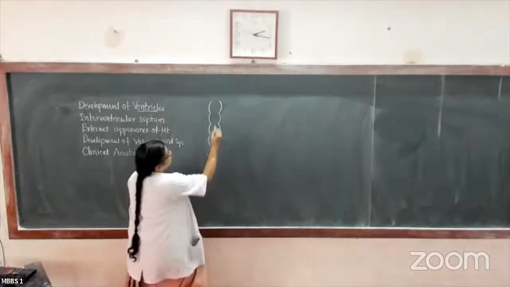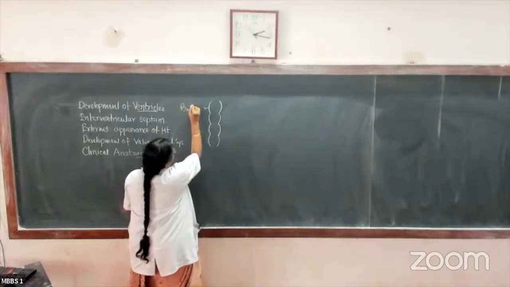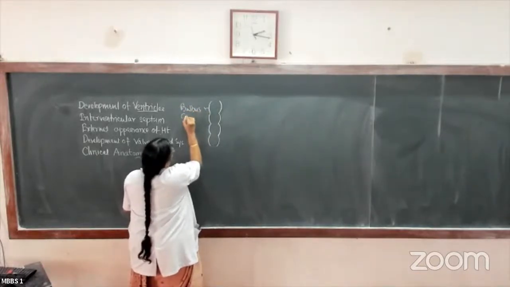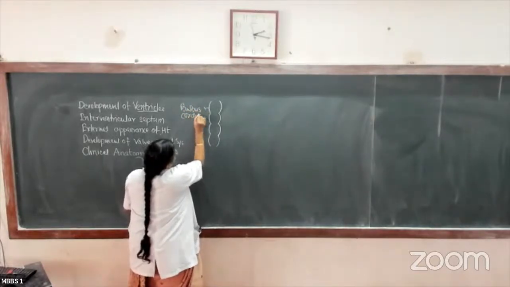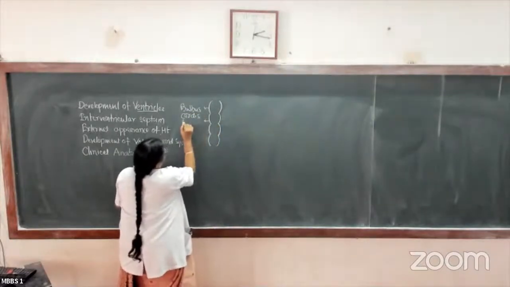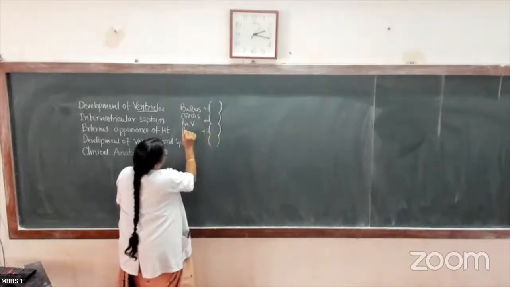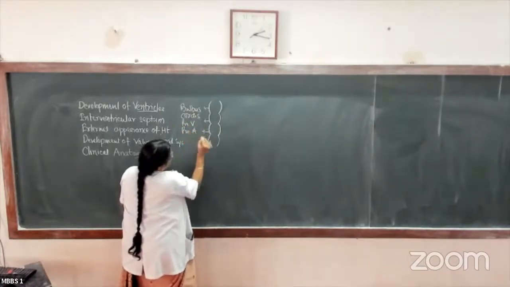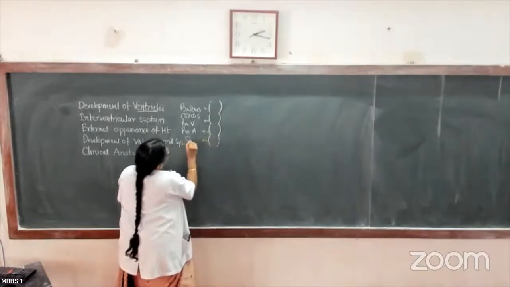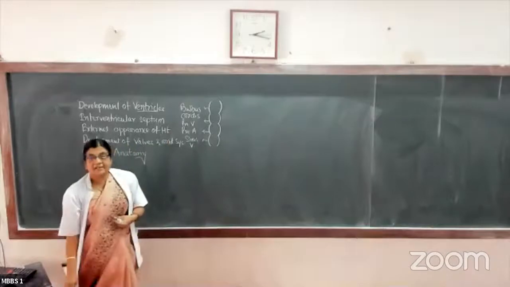So these are the 4 tubes, of which this one is bulbus cordis. Second chamber is primitive ventricle. This one is primitive atria, and this one is sinus venosus. Okay, these are the 4 chambers.